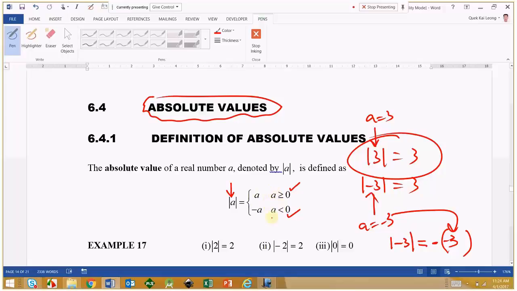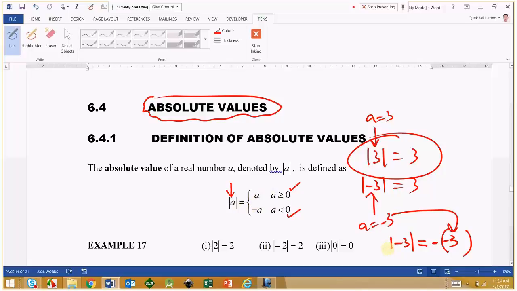Of course, the way I refer to the definition to remove the absolute sign can be a bit confusing, but this is how you read this definition. Knowing how to read a definition is important. If at a certain point you have a similar definition, you need to make use of it. You must be able to read it, just like what I did just now.